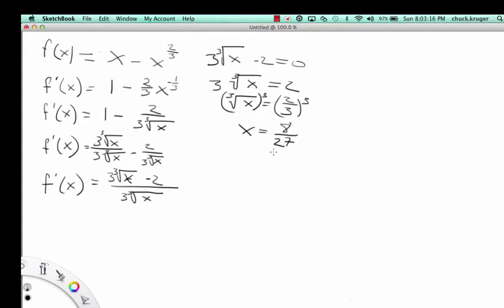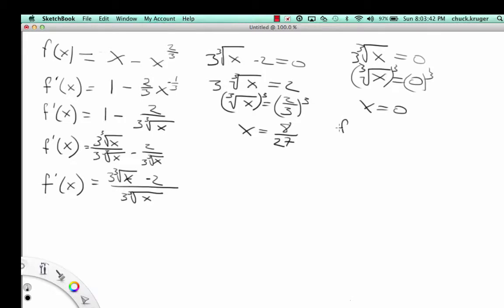Okay, so that's one of my critical numbers. The next one, I have 3 times the cube root of x equals 0, so the cube root of x equals 0. Cube both sides, notice the same steps I did before, and I get x equals 0.